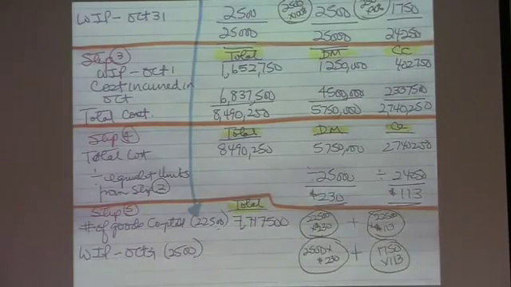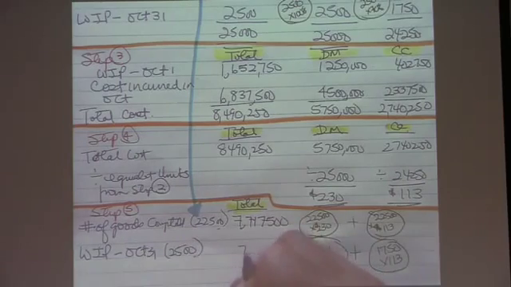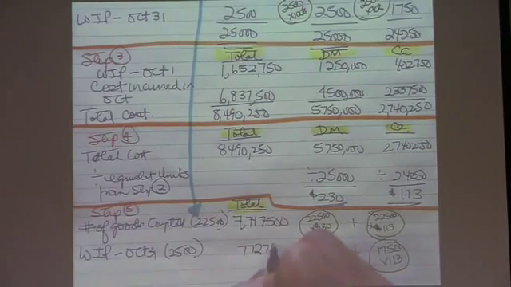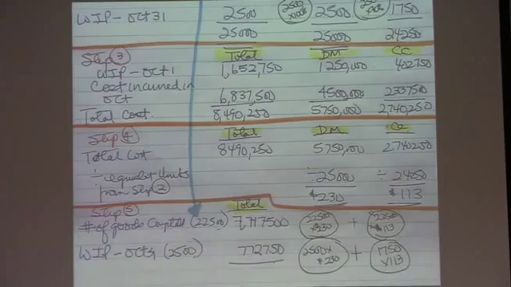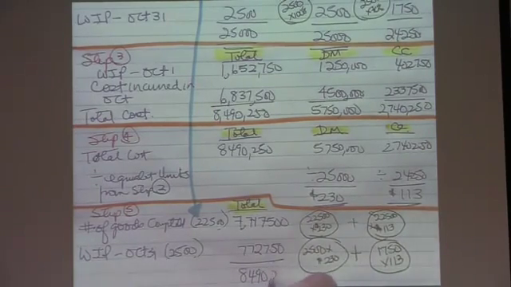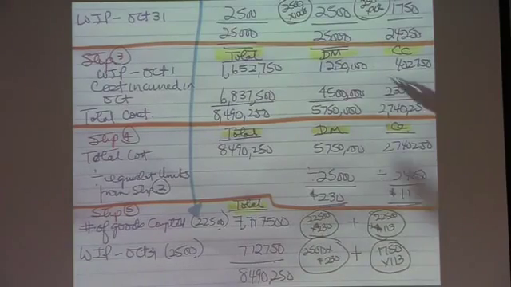Those two add up to $772,750. So the total is going to be $8,490,250, which is exactly equal to step 3.